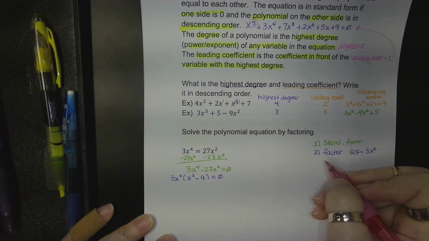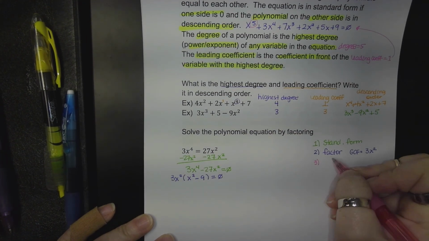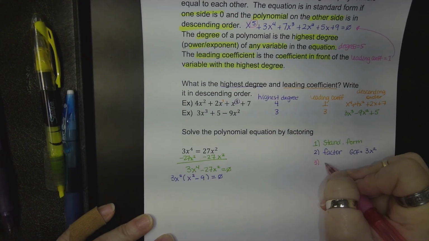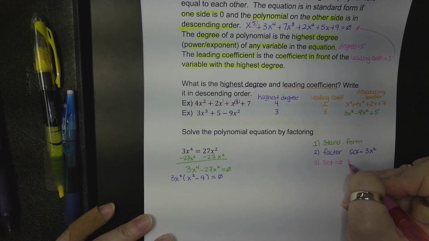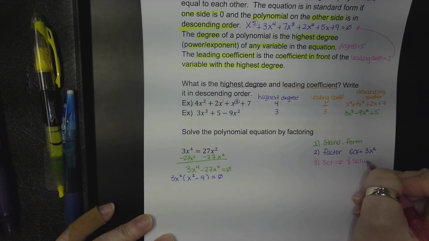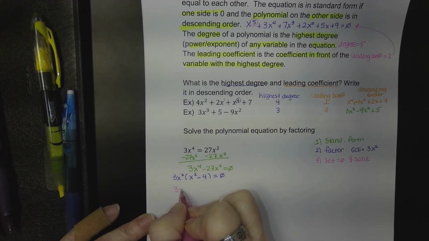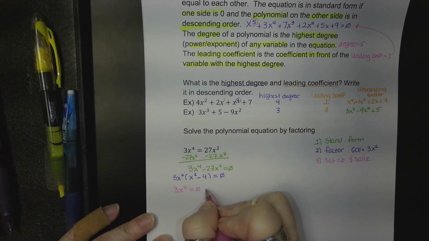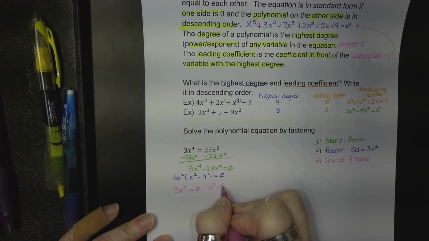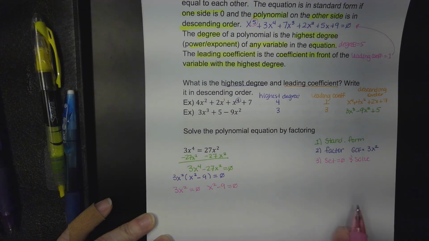Our next step is to set each factor equal to 0 and solve, which is simplify. So we're going to set both factors equal to 0. 3x squared equals 0, and x squared minus 9 equals 0.